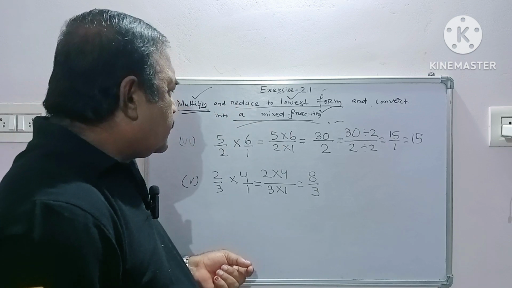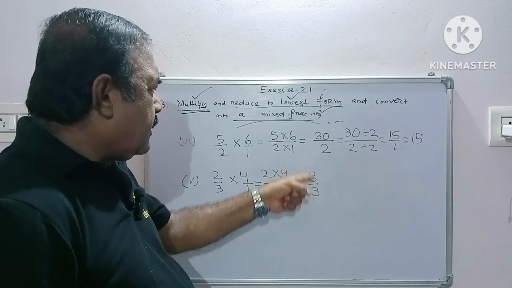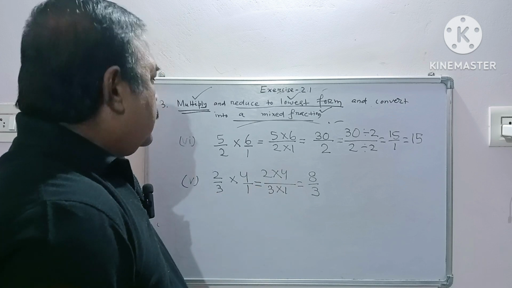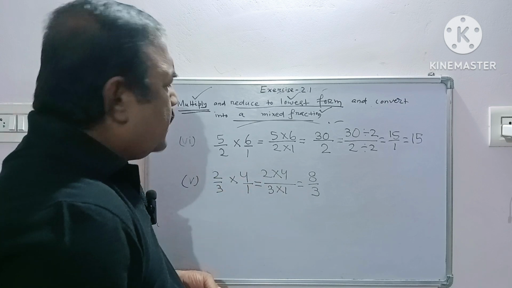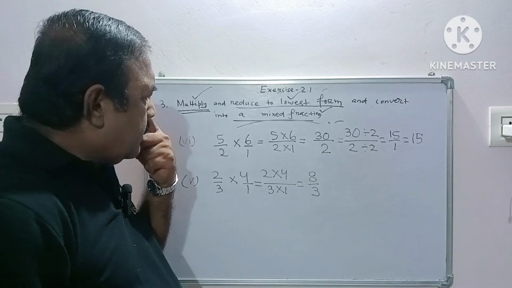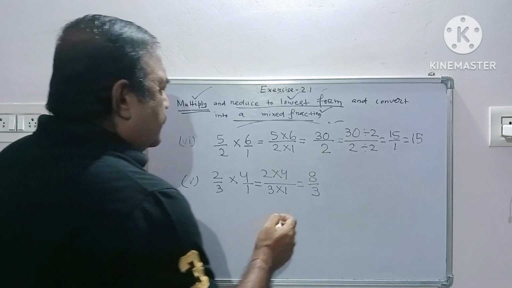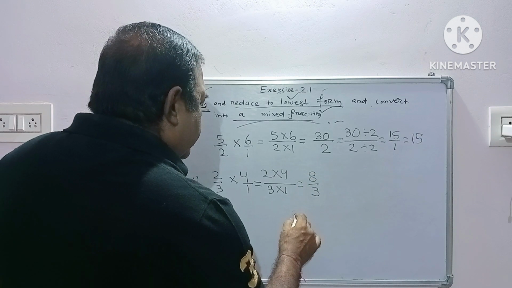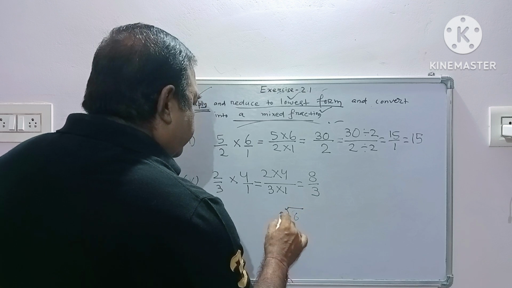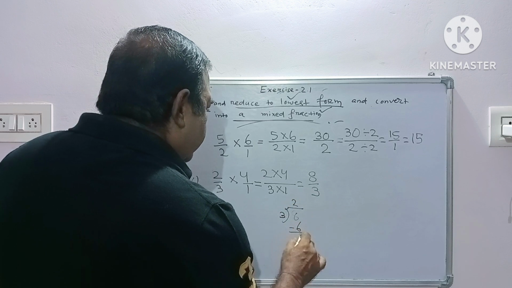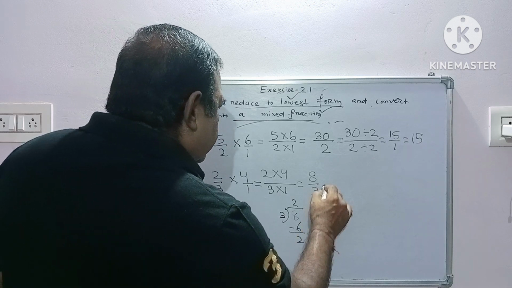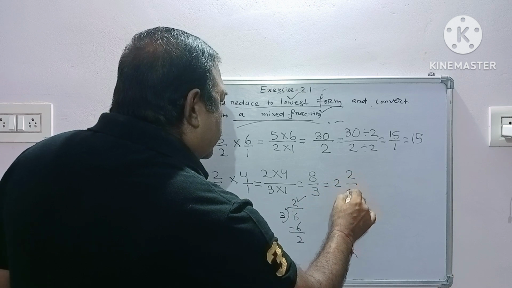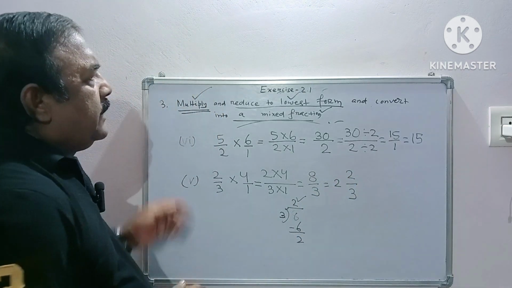Now we have to divide both the numerator and the denominator by their HCF, highest common factor. But you see 8 and 3, their highest common factor is 1. So there is no other common factor than 1. So we have to convert it into the mixed fraction. So you know it. You divide 8 by 3. So that is equal to 2 whole number and 2 upon 3. So like this you will proceed.